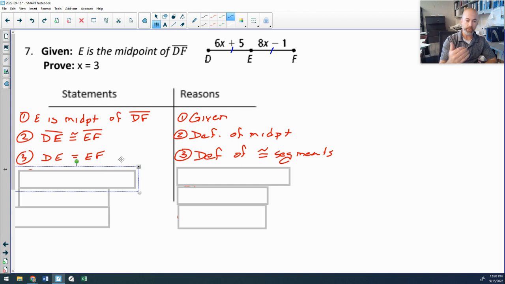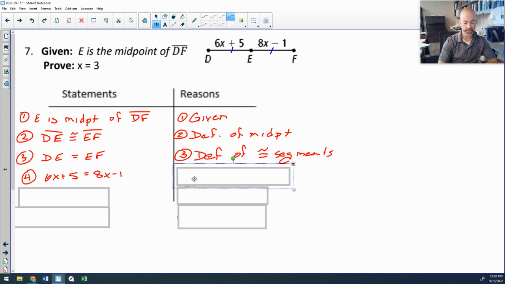The next step is when I finally get to what you probably would have written down first if you were just solving the equation. If E is the midpoint, these are equal. That means 6x + 5 is 8x - 1. And we're finally at that point, but I wanted to go through these steps because we are actually substituting those variable expressions for the segments they represent.